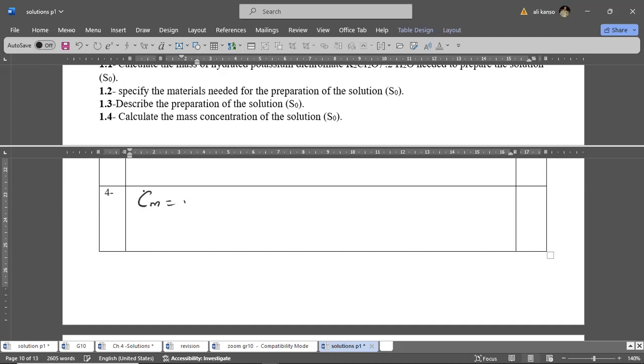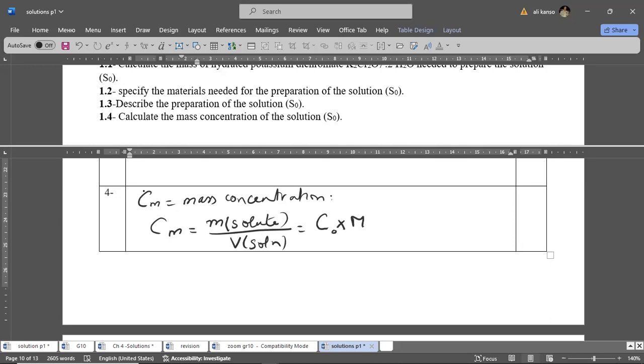By the rule, it's equal either to the mass of the solute, the salt that we have, over the volume of the solution, or we can use the molar concentration that we have, C0, times the molar mass of the solid solute.